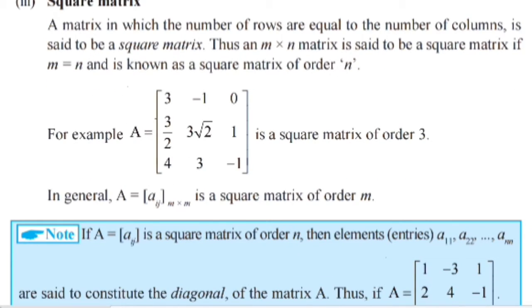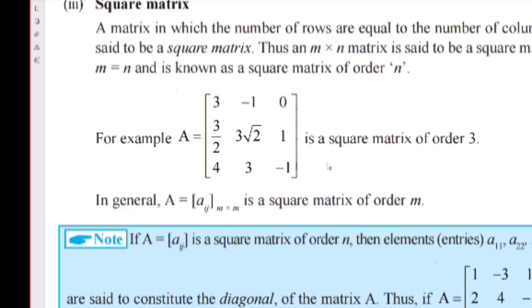You have 3 rows and 3 columns. So the number of rows equals the number of columns, then we say it is a square matrix. So this is a square matrix of order 3. This is a 3 by 3 matrix, but you can also say it is a matrix of order 3.